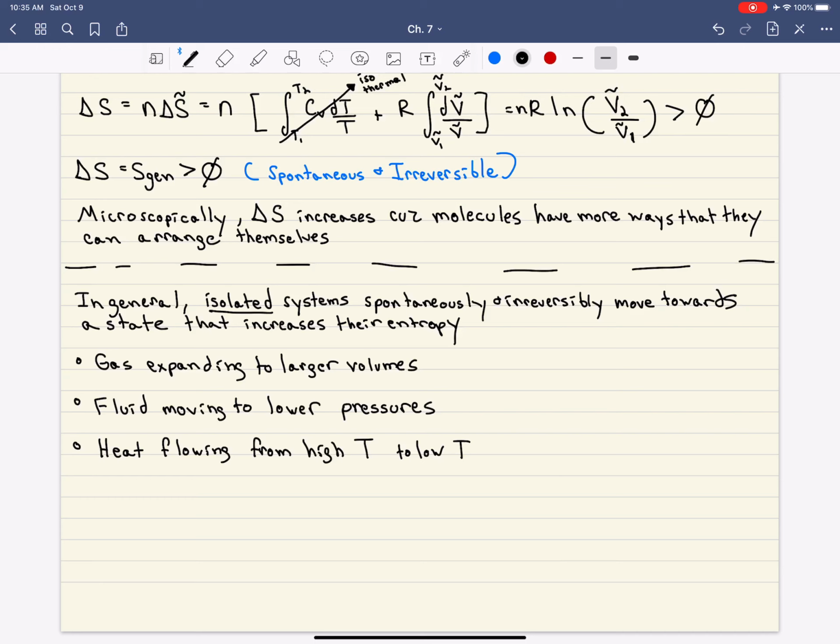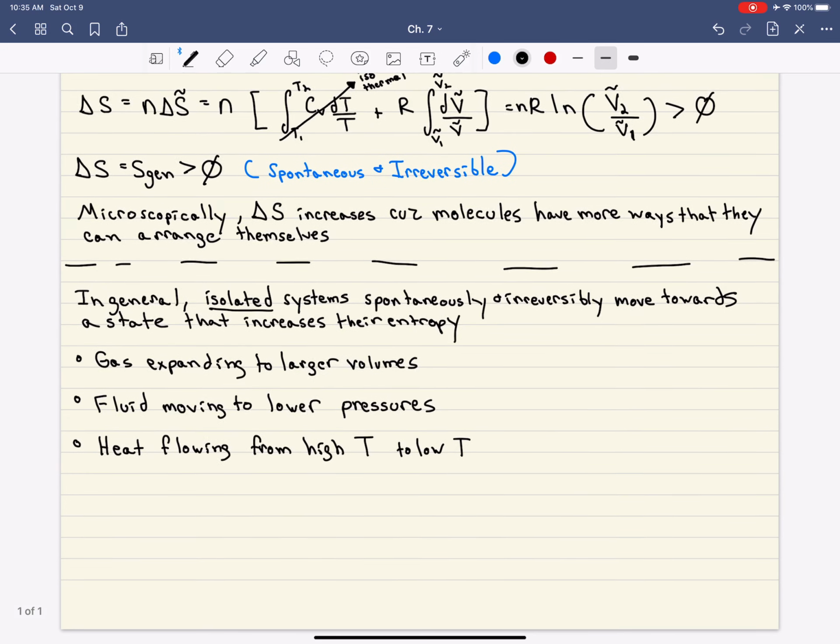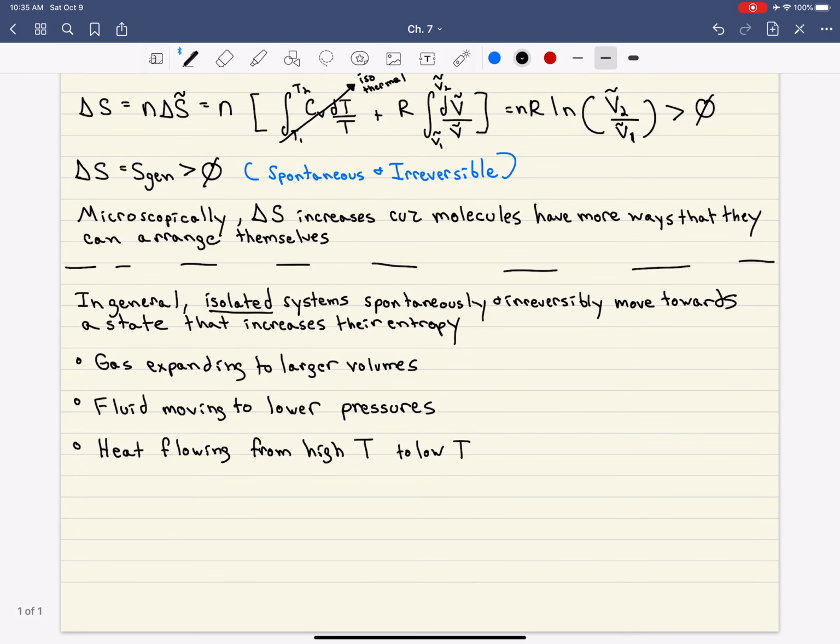And as the lower temperature part of the wall gets hotter, its entropy also increases. All right, and so we see that for these isolated systems, they move towards states that increase their entropy.